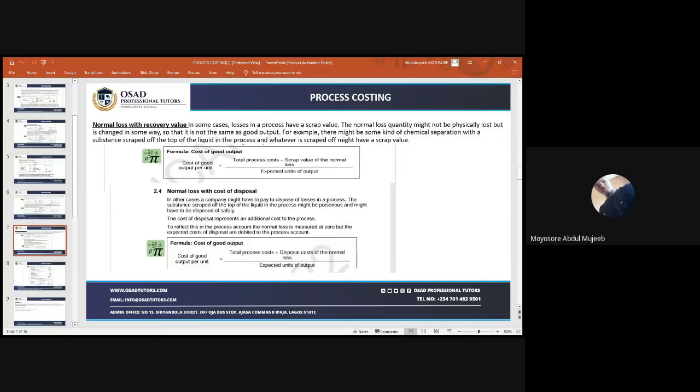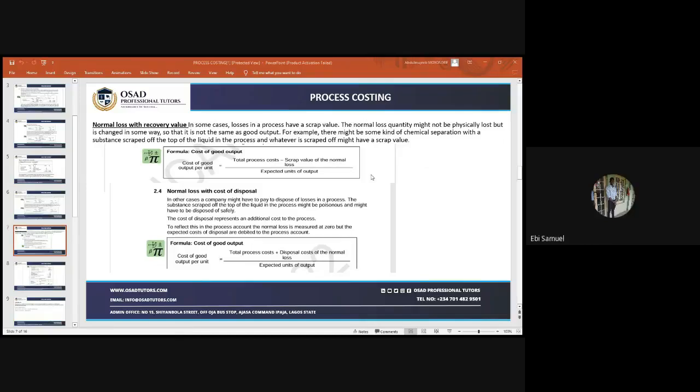What is scrap value? Zainab, scrap value. Samuel, scrap value.